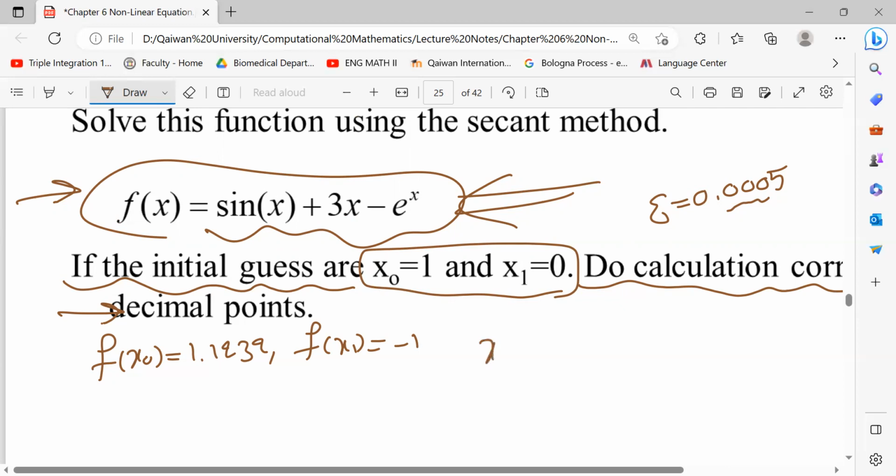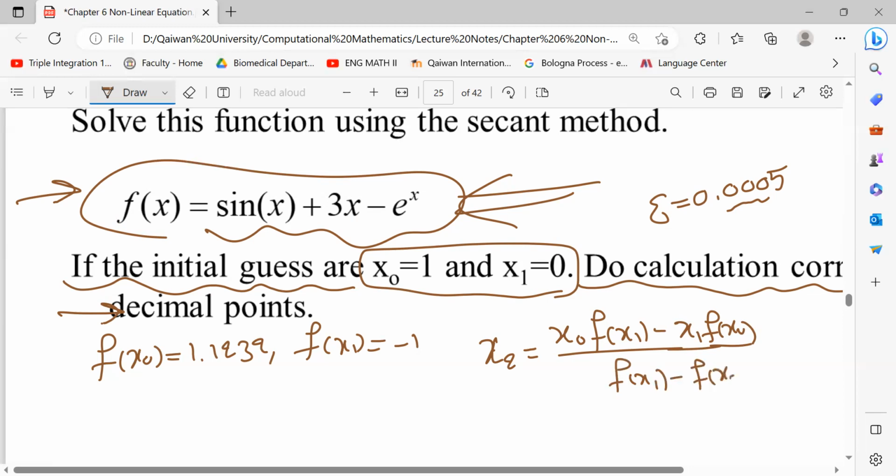So what's x2? x2 is x0 times f of x1, that's the smaller one times f of the bigger one, then minus the bigger one times f of the smaller one, which is x1 times f of x0, divided by f of x1 minus f of x0.